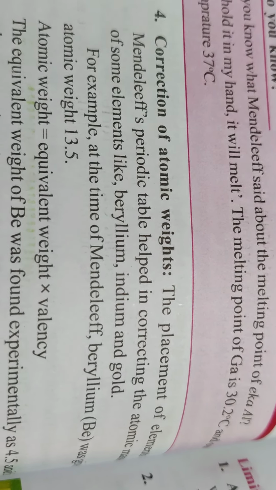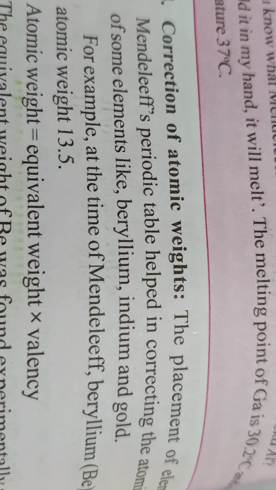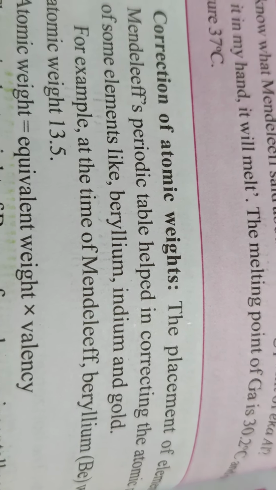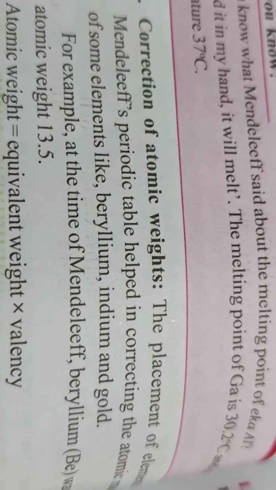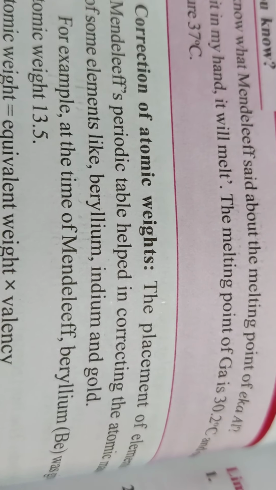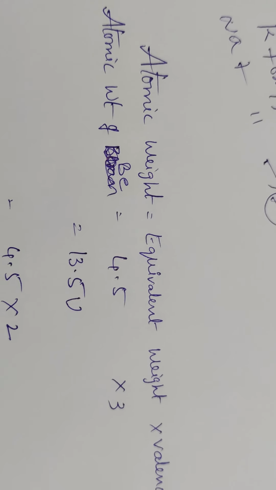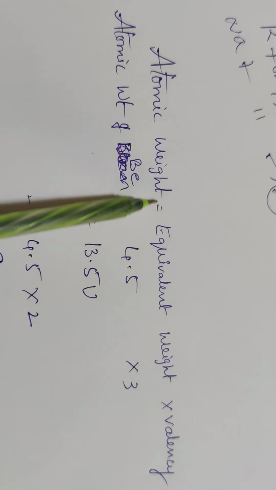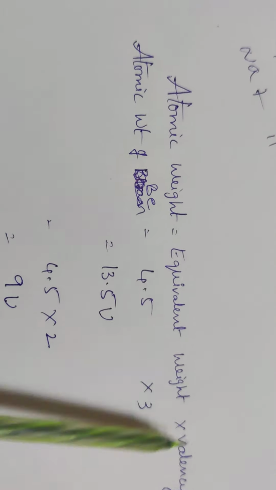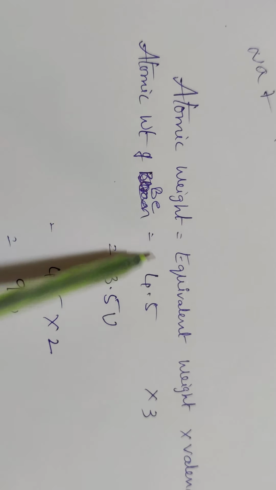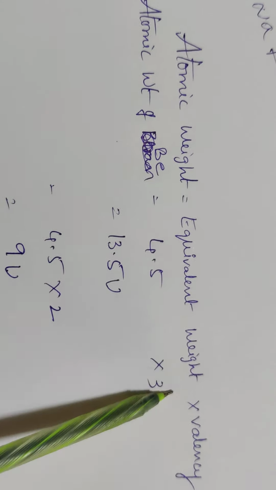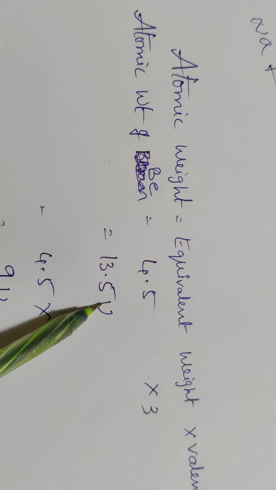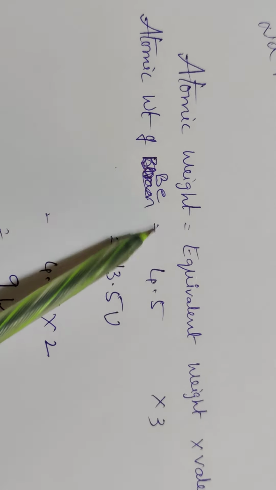At that time, to find the atomic weight of any element, the formula used was equivalent weight into valency. If we take beryllium, atomic weight is equal to equivalent weight into valency. The equivalent weight is 4.5, and the valency of beryllium was 3 at that time. So 4.5 into 3, we get 13.5 units of atomic mass for beryllium.